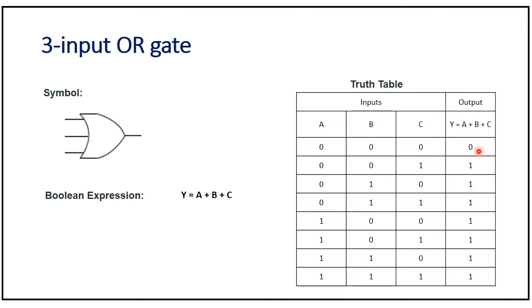So output is 0. For second condition, 0, 0, 1. Here C is 1, so your output is 1. So we can say if one or more than one inputs are 1, then your output will be 1. If all inputs are 0, then your output will be 0. So the condition is that if all 3 inputs are 0, then in case of OR gate, your output will be 0.